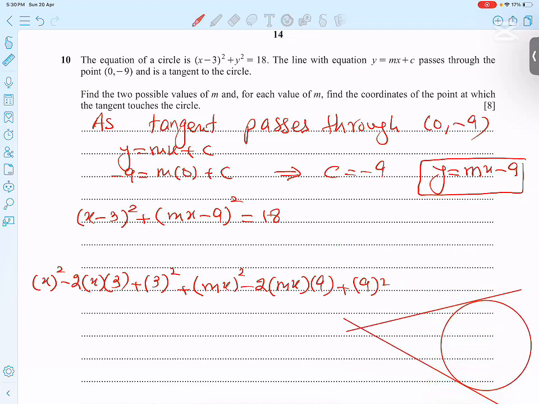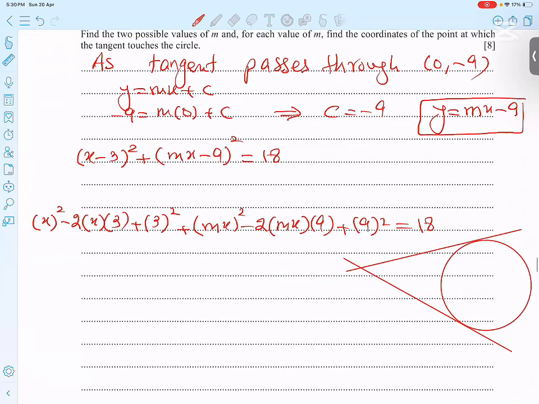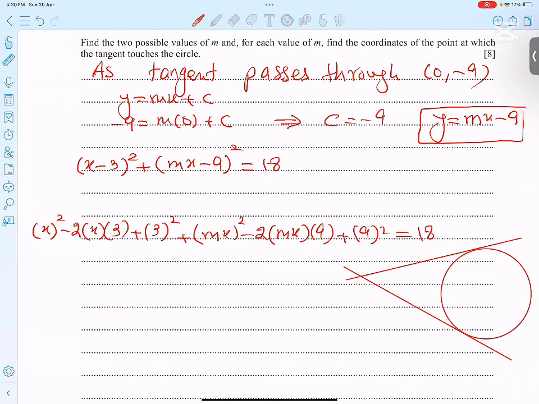And it is equal to 18. Afterwards, I got x squared from here, minus 6x plus 9, plus m squared x squared, minus 18mx plus 9 squared is 81, and minus 18 is equal to 0.